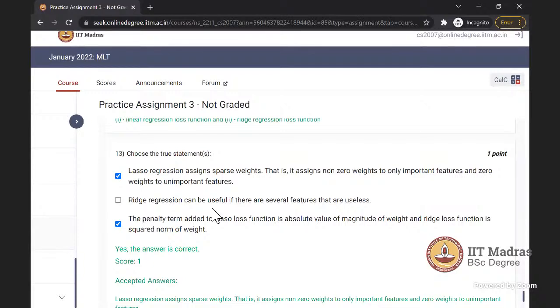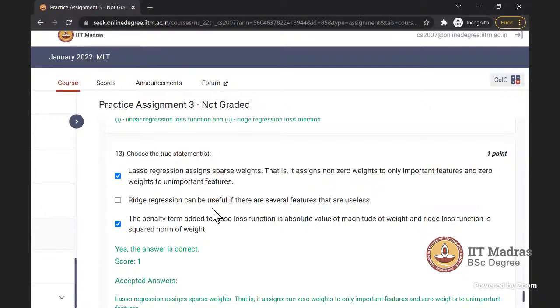But both regularization techniques do help eliminate the useless features, right? No, both of them are regularization techniques. They provide you a technique to remove overfitting. So this does not have much to do with how important a feature is. Exactly.